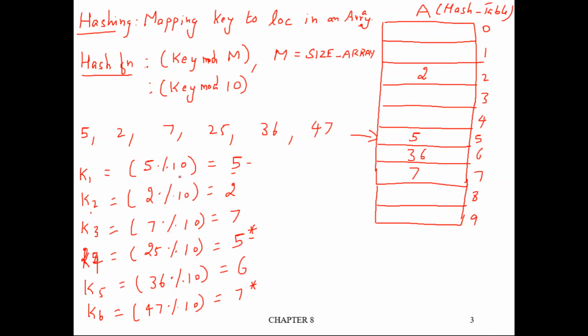Now the common problem that we will face with hashing is collision. Now let us discuss how to deal with this collision. Basically there are two ways of dealing with collision. The first method is called linear probing, and the second method is called chaining.